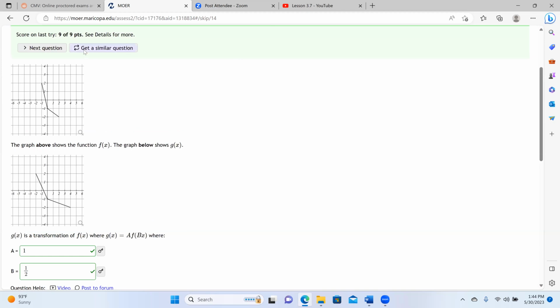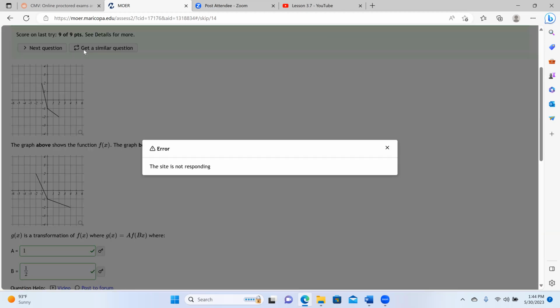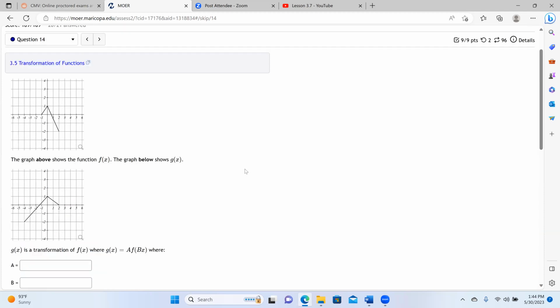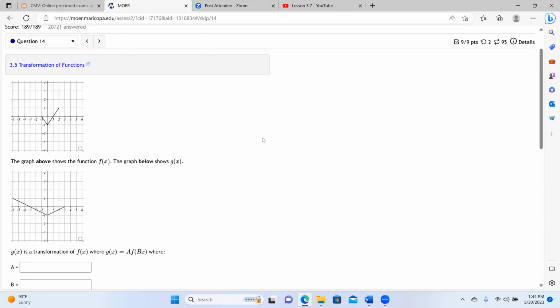I'm gonna do it one more time, just to really see if I can get it here. Hopefully the site responds. There it is. Okay, and then this is reflected over the y-axis. Yeah.